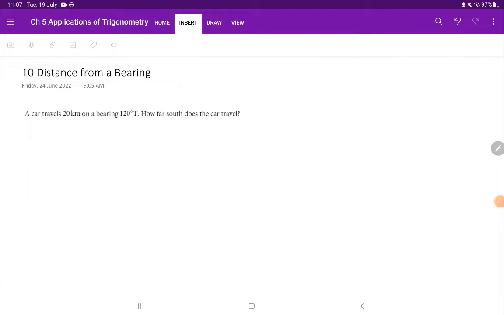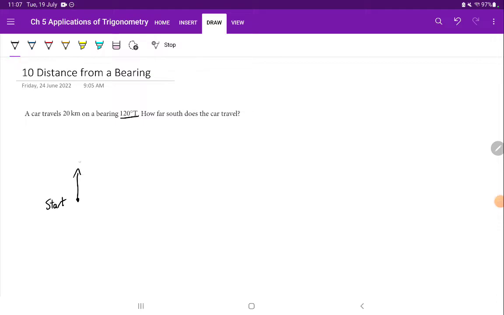Alrighty, so let's just get ourselves some basics. We'll have a starting location, and from this location, they go on a bearing of 120 degrees true. So north is going to be straight up, and for 120 degrees true, 90 degrees would be over here and 180 degrees would be down here.